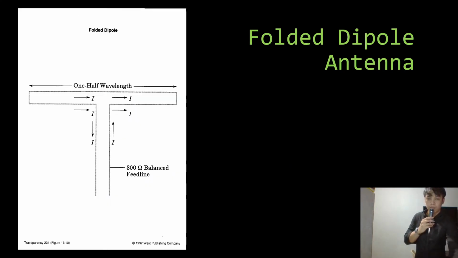So this one is the basic principle of the folded dipole antenna. So here, this is the one half wavelength, and this is the 300 ohms balanced feed line that current passes through.